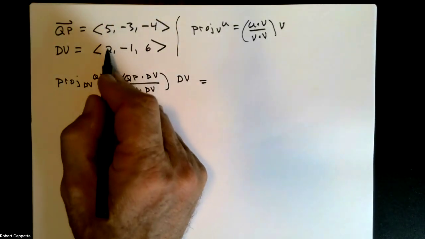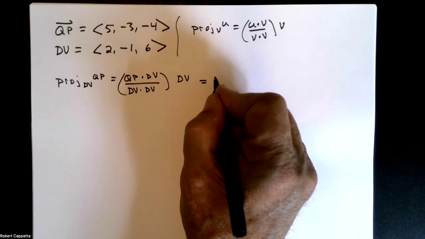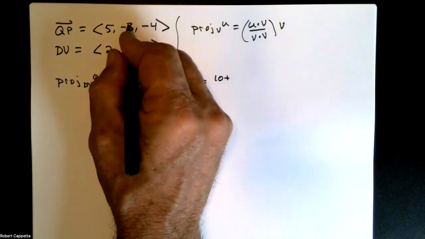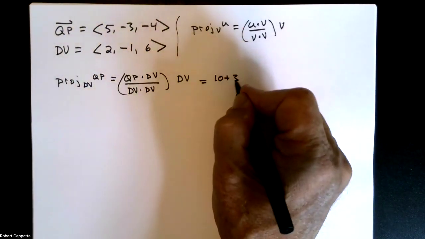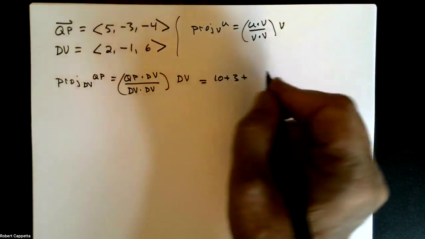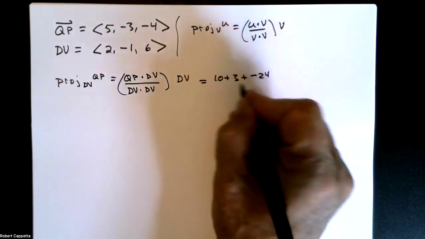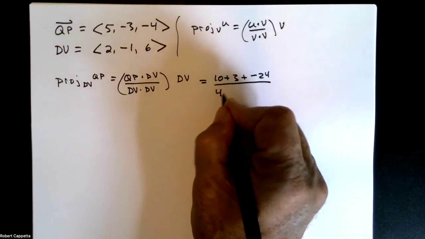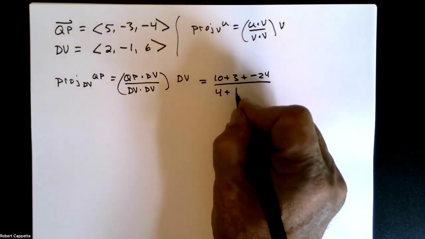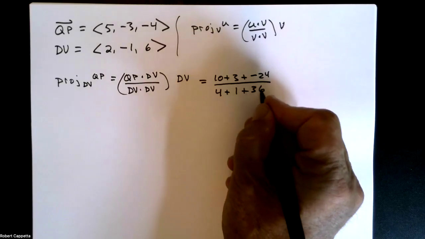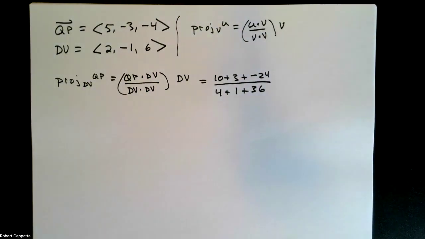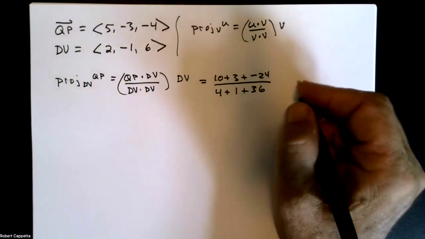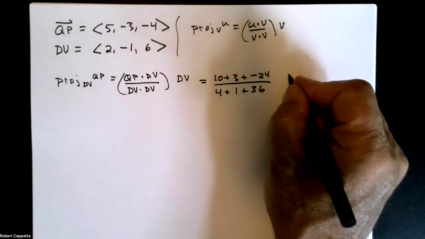So what is QP dot dV? Let's see. 5 times 2 is 10, plus -3 times -1 is 3, plus -4 times 6 is -24. Over dV dot dV: 2 times 2 is 4, -1 times -1 is 1, plus 6 times 6 is 36, times the direction vector, which of course is (2, -1, 6).